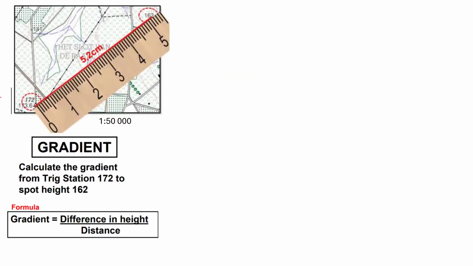All right. And we also have this one. They say calculate the gradient from trig station 172 to spot height 162. Now we've got this scale, and we know what is expected of us. Of course, we can start with whatever we like.